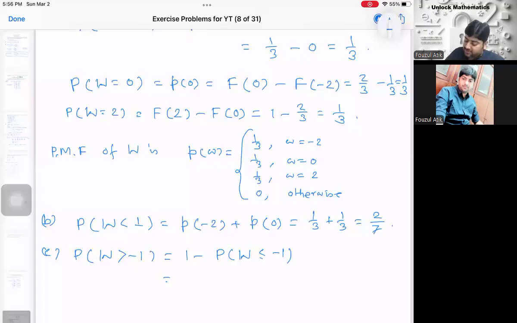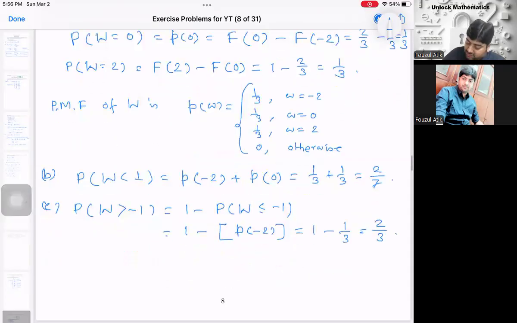Now up to -1, what are the values we have? It is only P of -2 because 0 is not included. So this value is 1 minus 1 by 3, which is actually 2 by 3. Clear?